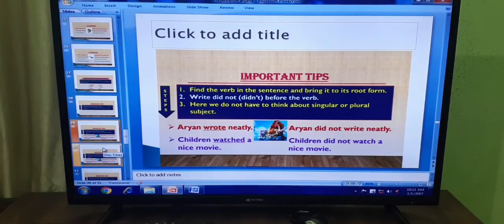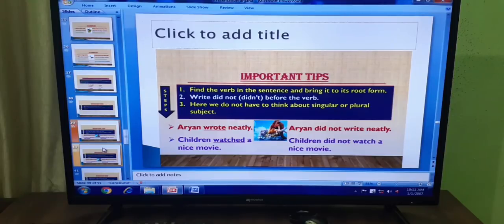Let's see some examples here. Aryan wrote neatly. So just find out the verb here. What is the verb, children, here? Wrote. What is the root form of the verb wrote? Yes, it is right. Write, wrote, written. Base form, past tense form and the past participle form.